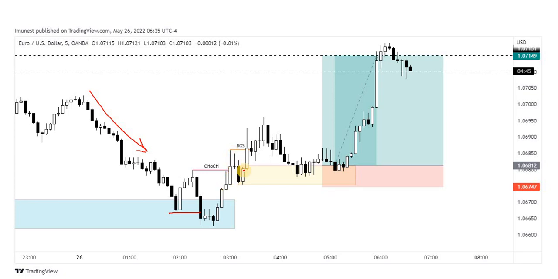At the time we see this change of character, I will wait for another break of this high, which is the break of structure. So when I get the break of structure, I can decide to trade from here and capture my nice move. That's just one way of doing it.